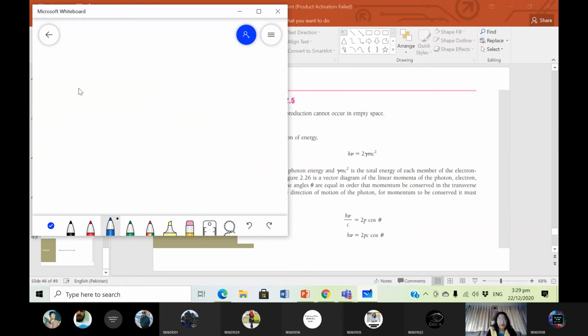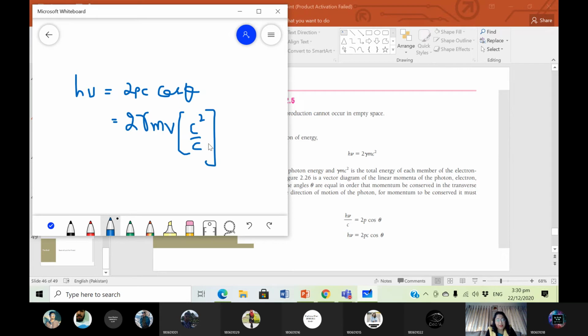Basically here we have h nu equals 2pc cos theta. Here, p we know is equal to gamma m v, and we can write this c as c squared divided by c, because eventually it will give us c, so they are equivalent to each other.